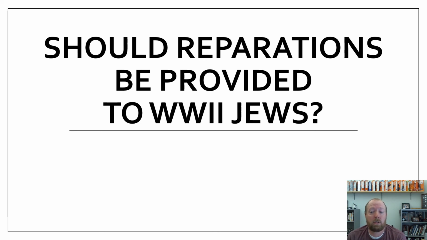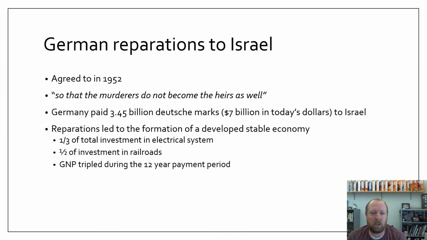Think of the Jews, identified for their religious views, for their ethnicity, hunted down, evicted from their lands, taken to concentration camps, killed. The atrocities that the Nazis and the Third Reich did against these Jews were immense. After World War II, Germany, West Germany specifically, and the nation of Israel got into talks about reparations.